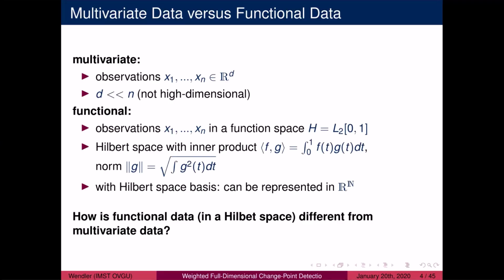So here I have R to some power, here I have R to some power. What's the difference? This power is d, it's finite, and it's much smaller than n. We are not talking about high-dimensional data in this talk, really, but small dimensional multivariate data if you want. And here we have infinite dimension.